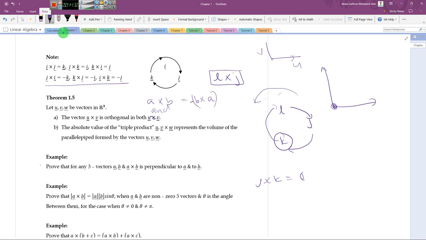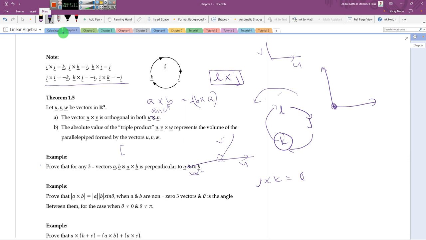Here, i dot i is equal to the norm of i times the norm of i times cos theta. I is lying on the x-axis, and the next i is also lying on the x-axis.